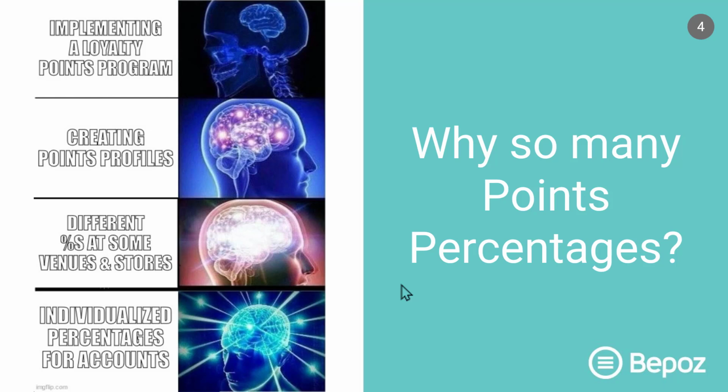Now, on top of the points profiles that are being used at the account level, the venue can also have a points earned percentage to factor in, and that's going to be calculated with the points profile that's being used to determine the overall points earned for a purchase. And the venue can have a points redeem percentage set, which will factor in to determine the number of points that are required for redemption in that venue.